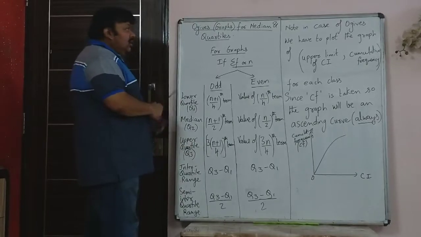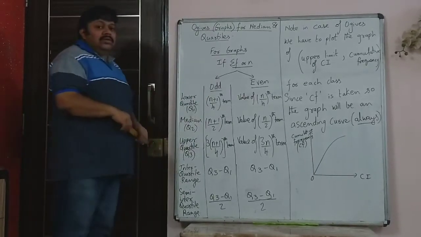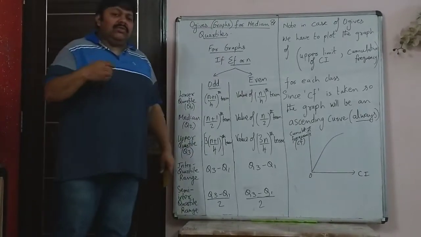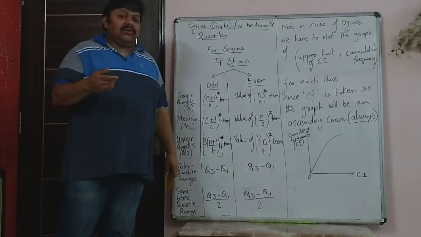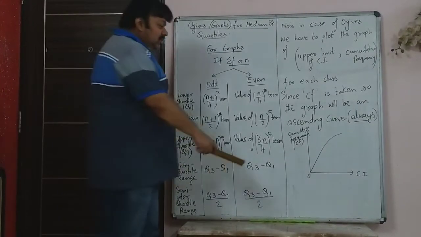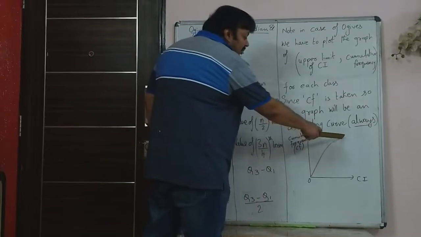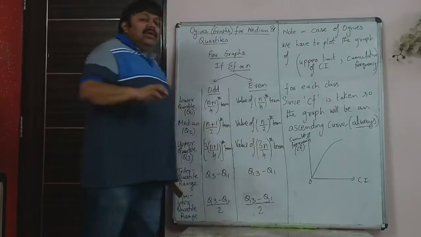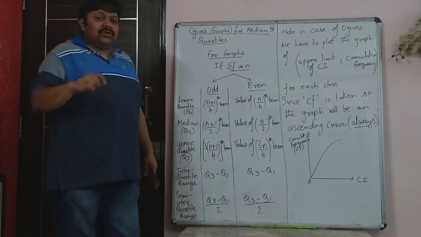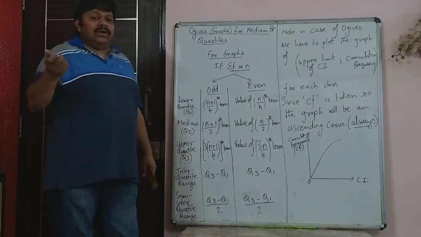So using graphs for quartiles, the answers may vary slightly from individual to individual, because the shape of the curve that is drawn can slightly vary. There won't be huge variation.